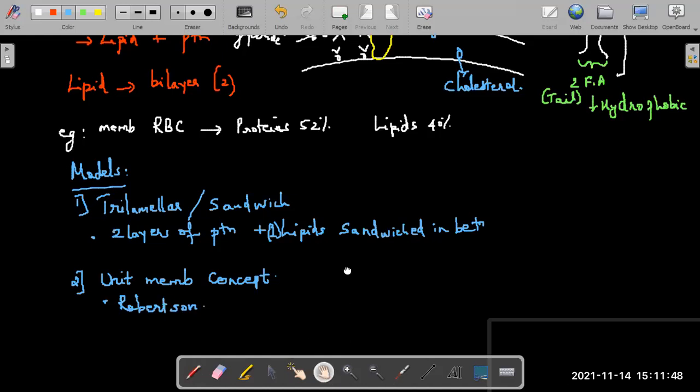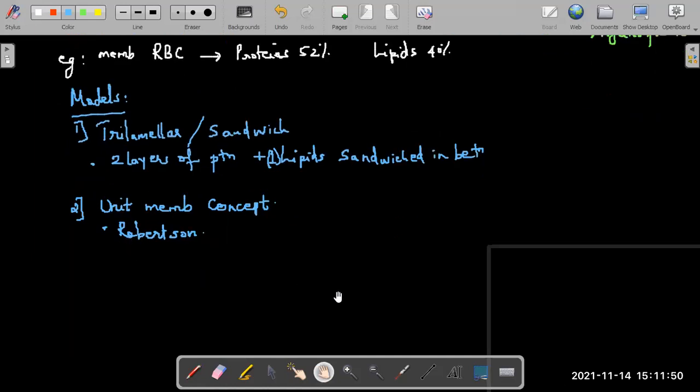Now coming to this concept, what it says is that all biological membranes are made up of lipid layers sandwiched by two protein layers.